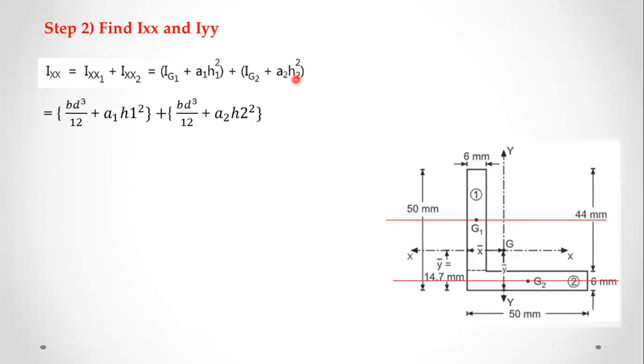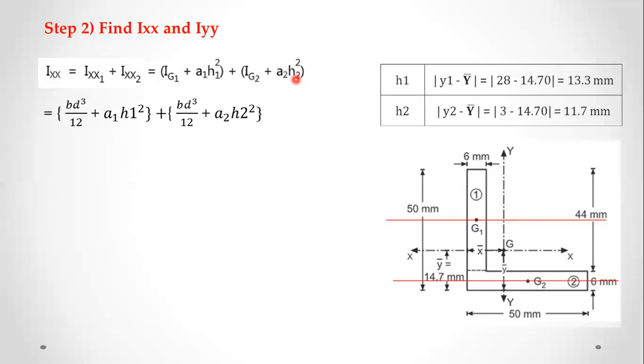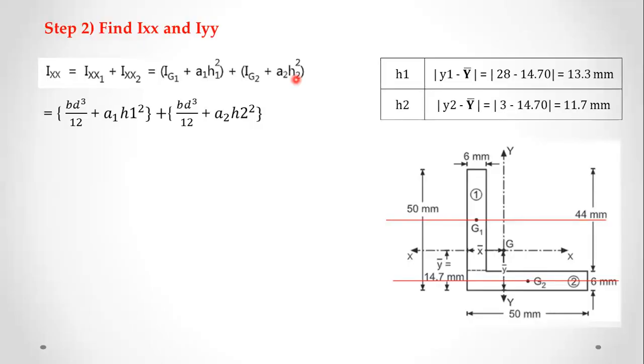So the formula will be BD cube by 12 plus A1 H1 square plus BD cube by 12 plus A2 H2 square. Put the values of H1 and H2. H1 is nothing but the modulus of y1 minus y bar. We found y1 is 28 and y bar is 14.7.